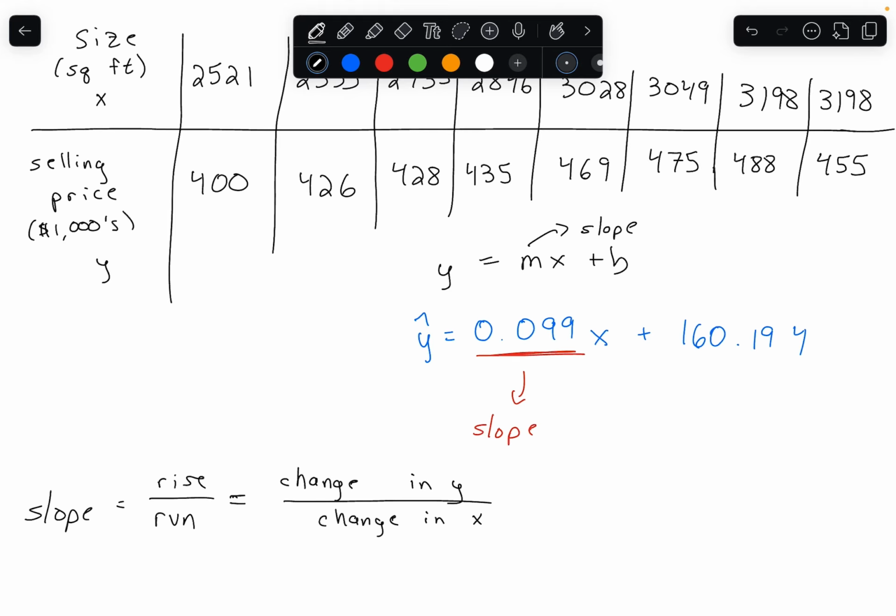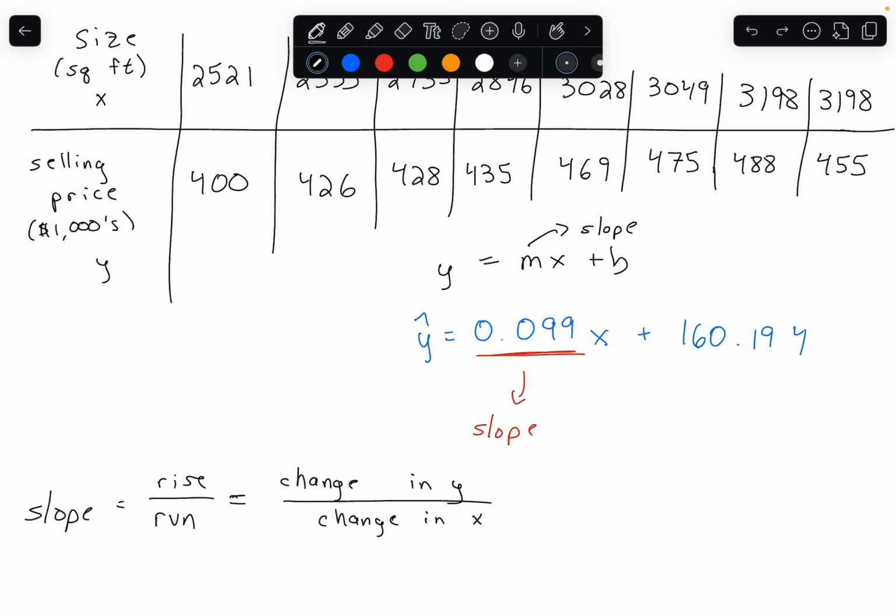Because now I know exactly, well, what's my y variable? My y variable is the selling price in thousands of dollars, and then what's my x variable? My x variable is the size of the home in square feet. So it makes it, I think, a whole heck of a lot easier to interpret this because we already know here's what our y variable is, here's what our x variable is.